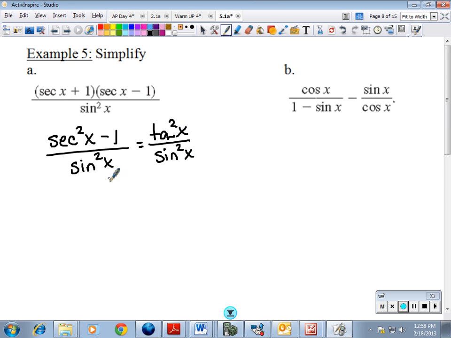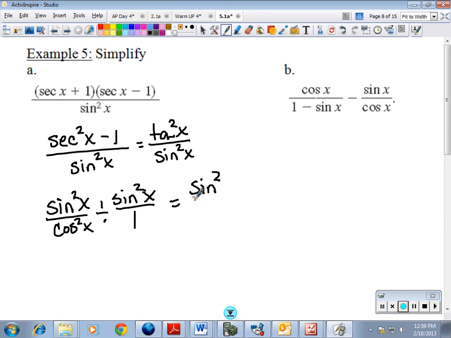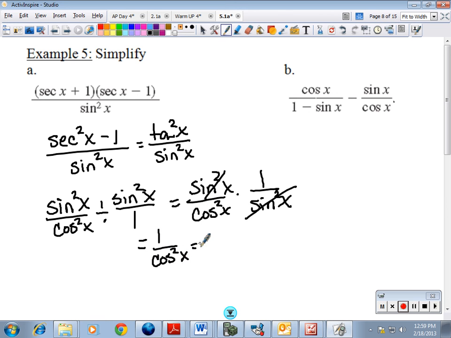I can rewrite tan as sine squared over cosine squared divided by sine squared. Well, that's the same as sine squared over cosine squared times 1 over sine squared. Those cancel. I'm left with 1 over cosine squared, which is the same as secant squared. Done.